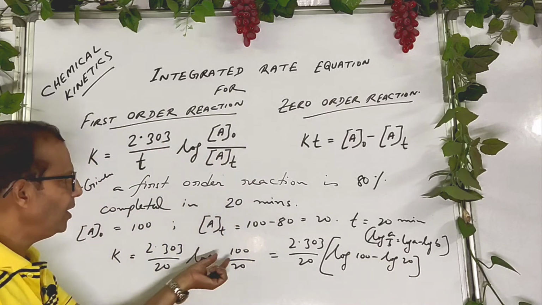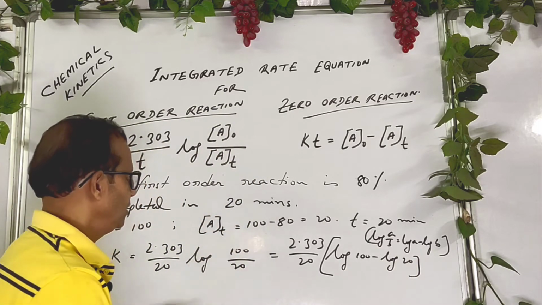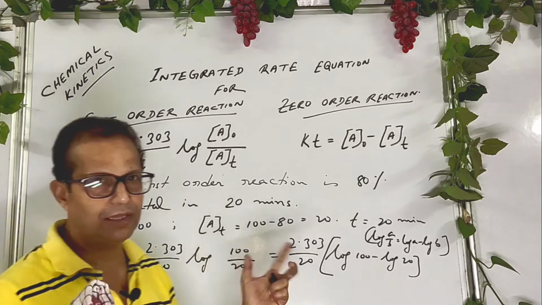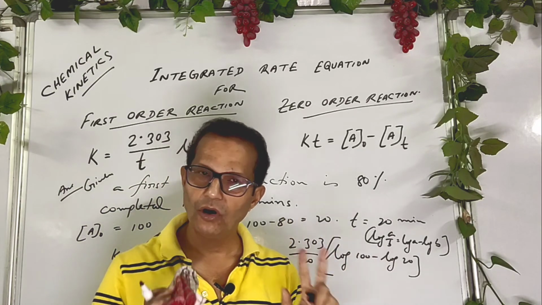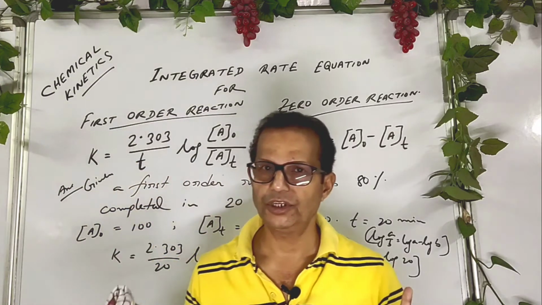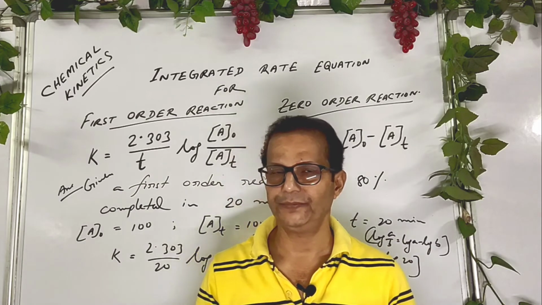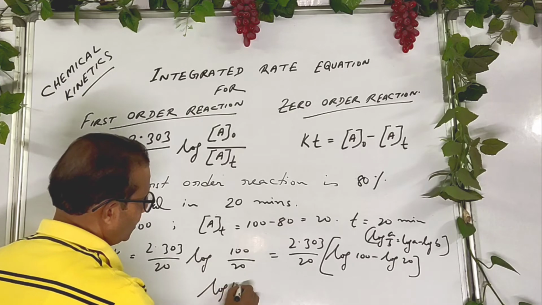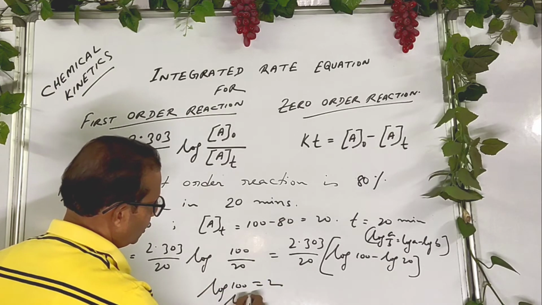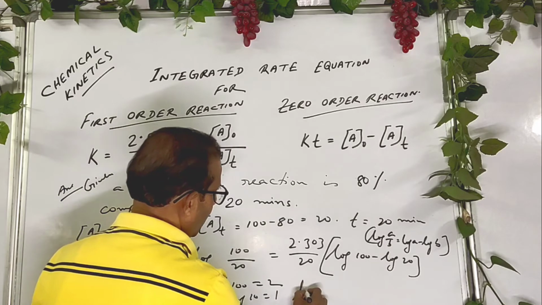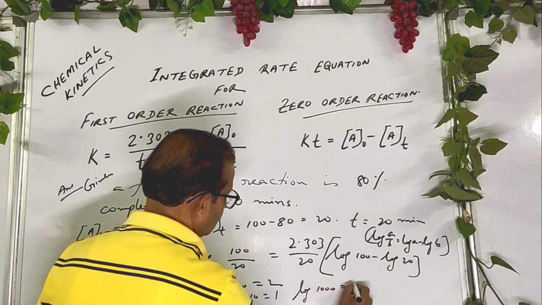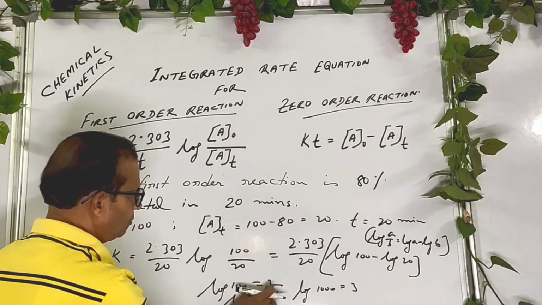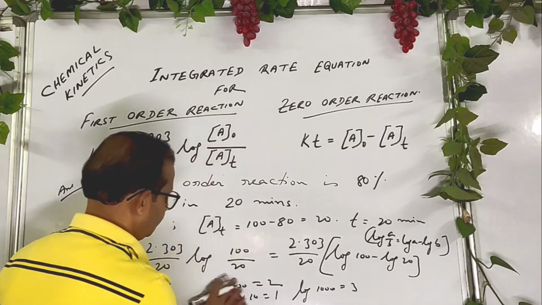You may ask me why you have not cancelled it. If you cancel it, it becomes 5, but the value of log 5 is not given in the question. Listen, the value of log 5 is not given in the question. Log table is not supplied. That's why. And you know that log 100 equals 2, log 10 equals 1, and log 1000 equals 3.